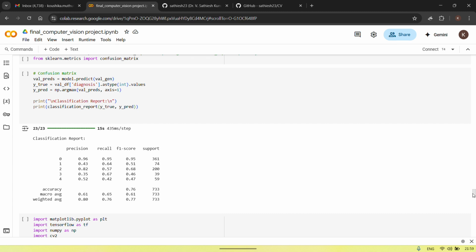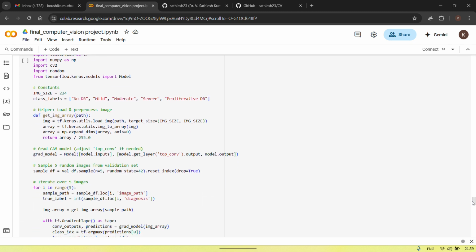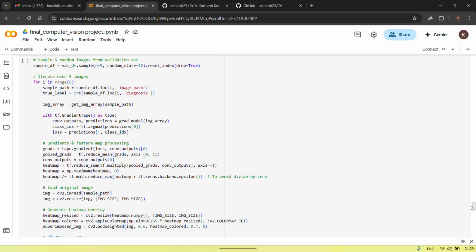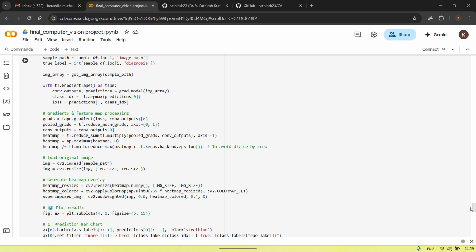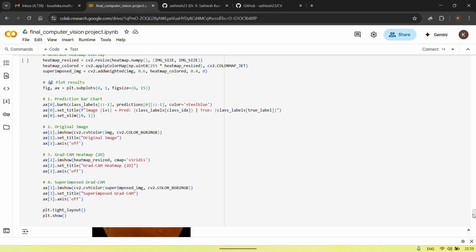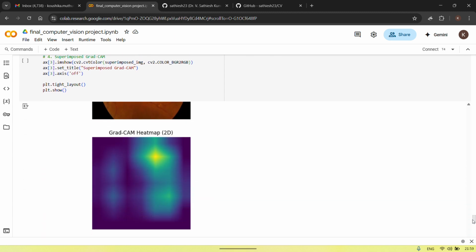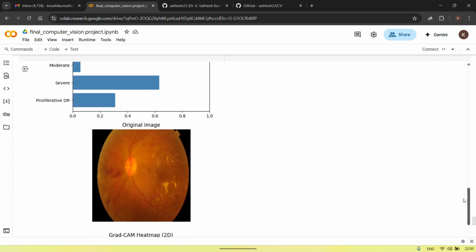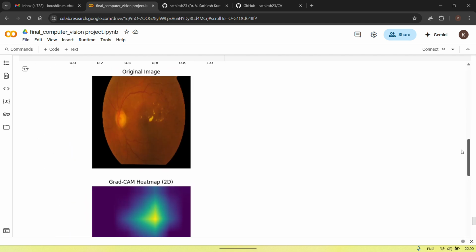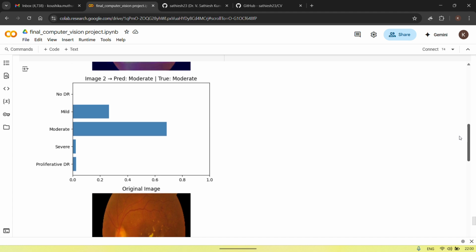I'm trying to visualize how my model is predicting. Given some random images, I will see how my model has predicted. Say I have taken this image.